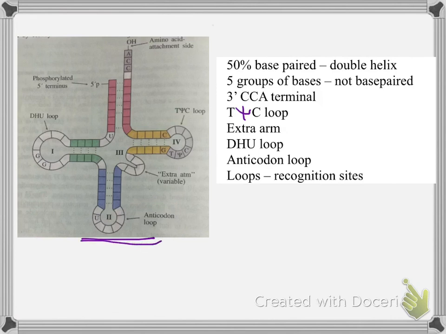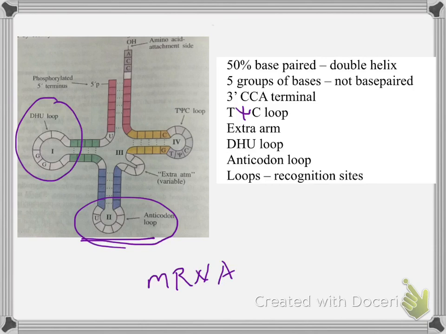So this anticodon loop reads the codons in the mRNA, and this DHU loop recognizes the amino acid, and that amino acid binds to this amino acid binding site, the 3' OH of the CCA, and the T loop recognizes the ribosome where it has to bind.